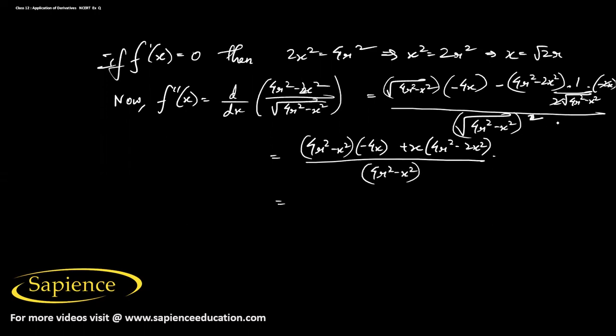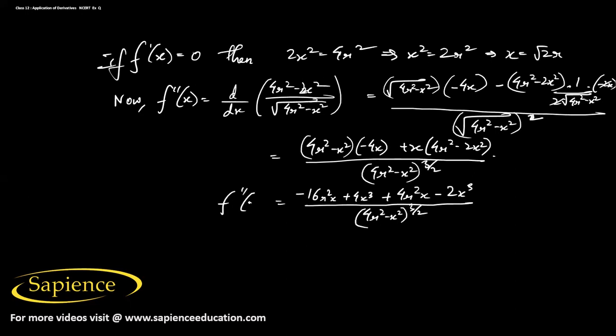So that will be equal to, and here also the square root of 4r square minus x square will be the LCM, so this will be whole power 3 by 2. So this will be minus 16r square x plus 4x cube, then plus 4r square x minus 2x cube, divided by 4r square minus x square whole power 3 by 2. So this is f double dash x.